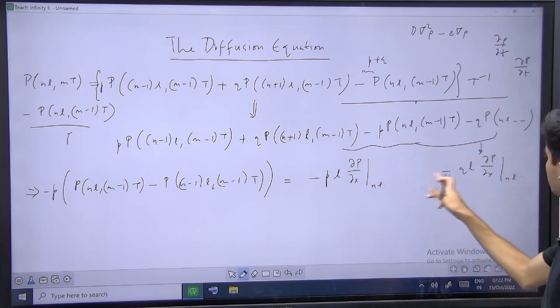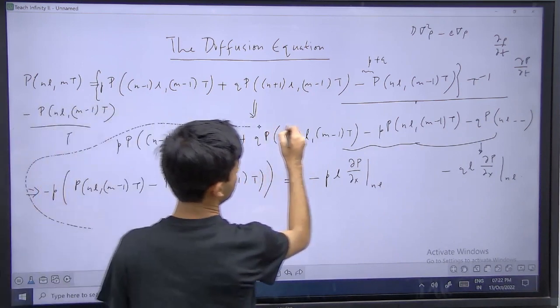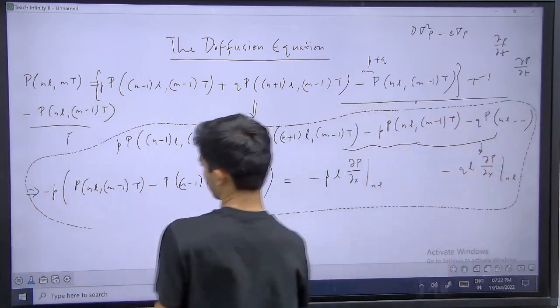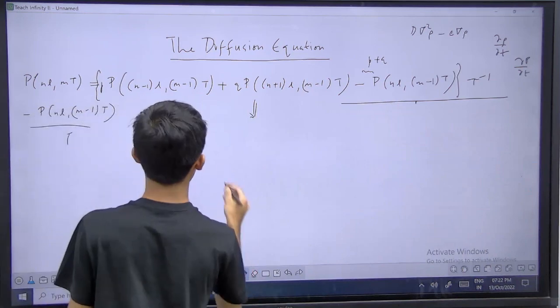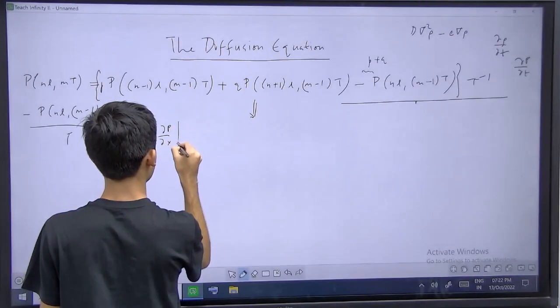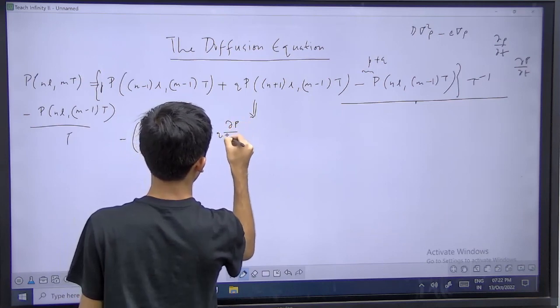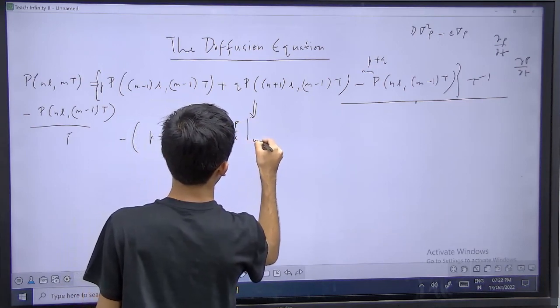And we simplify the addition of this further. Okay. So we had minus p times del p over del x at n plus at n.